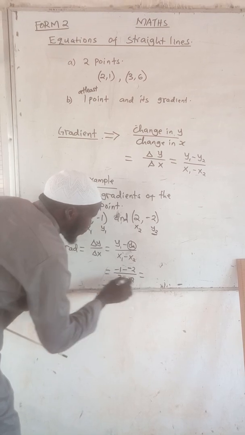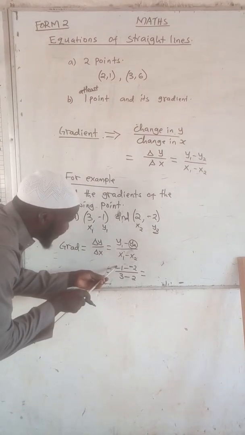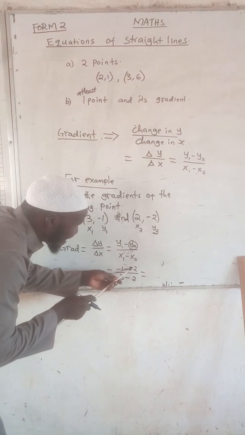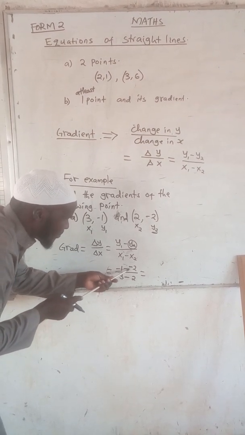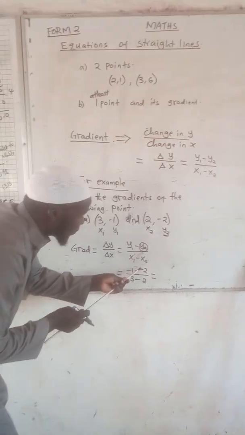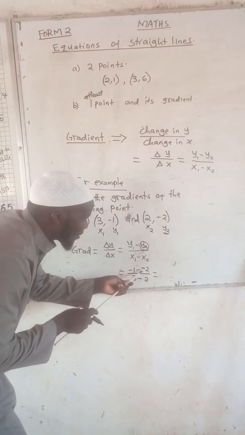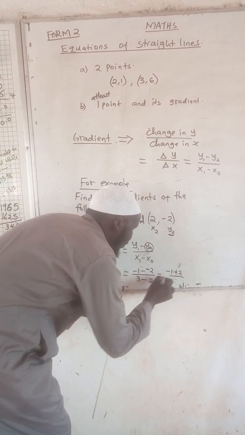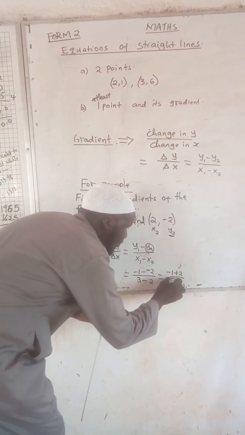So this will be -1 minus -2. Minus and minus together, the way it is, will just be positive. So it will be -1 plus 2 over 3 minus 2, which is 1.